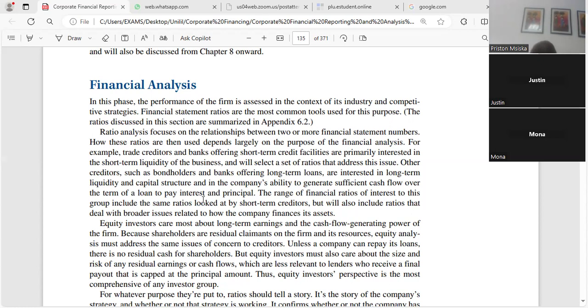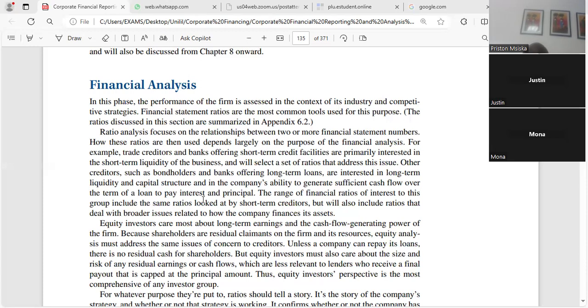Now, profitability ratios are mainly of concern to investors. Investors are not worried about the cash flow on a daily basis. What they are more worried about is whether at the end of the year, the company will declare a profit or a loss.